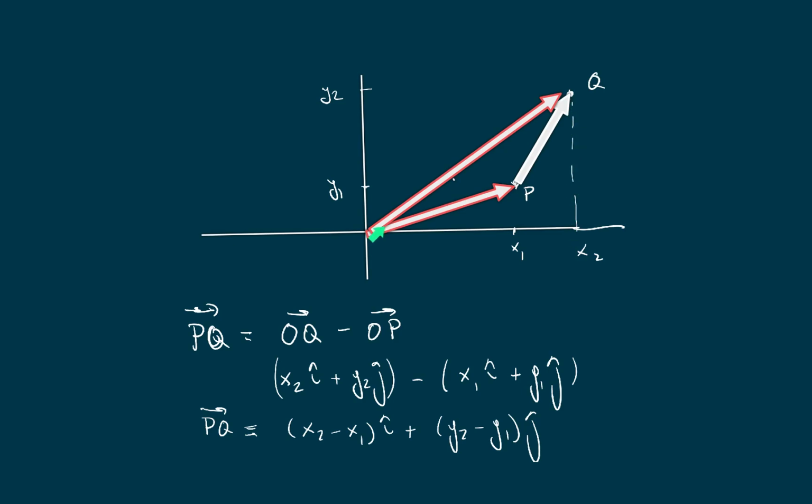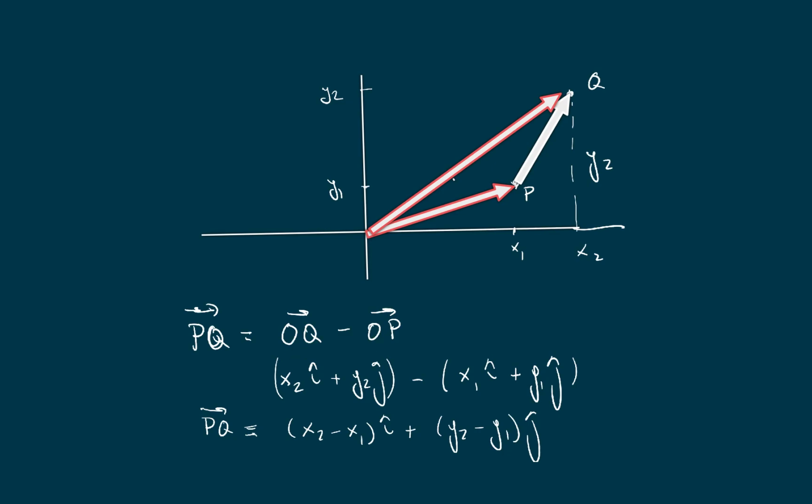So if you move x2 units, let's say 5 units, to the right, and you move y2 units up, you arrive at the point Q. To arrive at the point P, you need to move x1 units to the right, let's say 3, and maybe 1 unit up, y1 j.